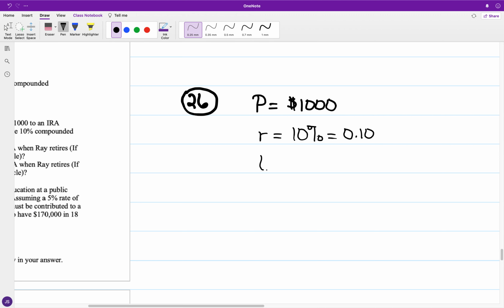For the time span, Ray is looking at 15 years. And for the frequency, in other words, the frequency of the deposits and the compounding of interest, this is done on a semi-annual basis.